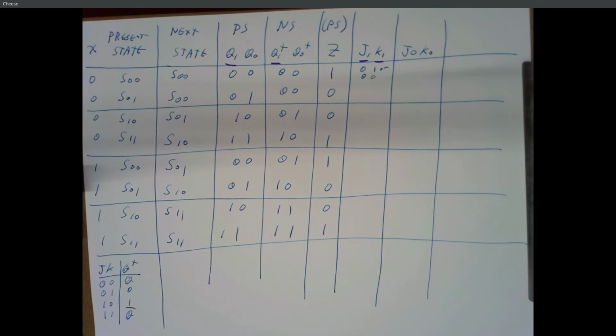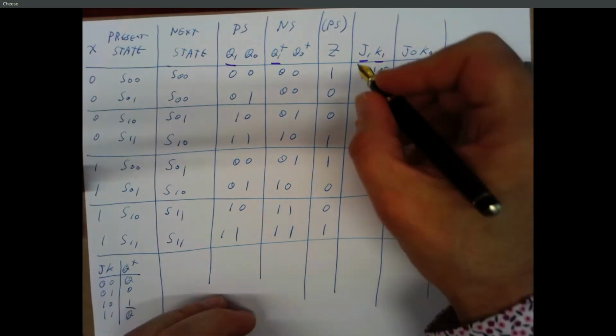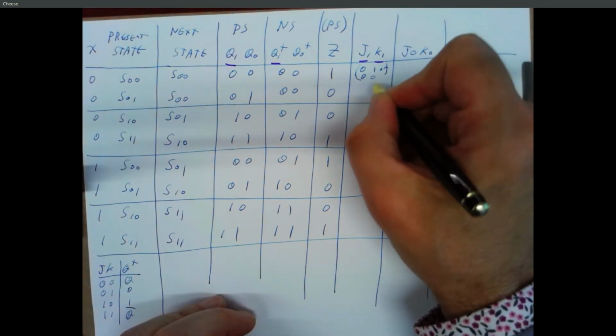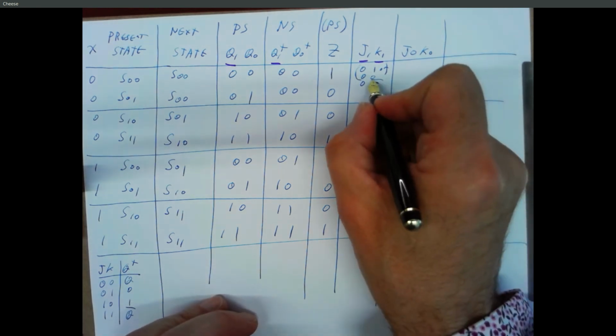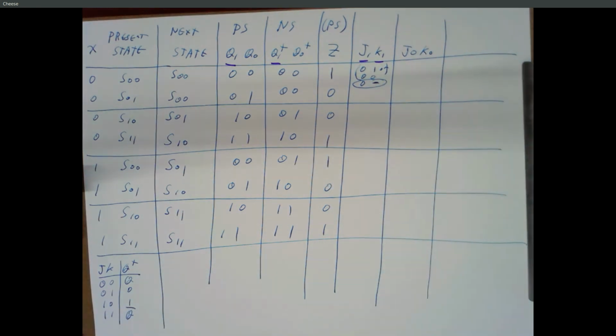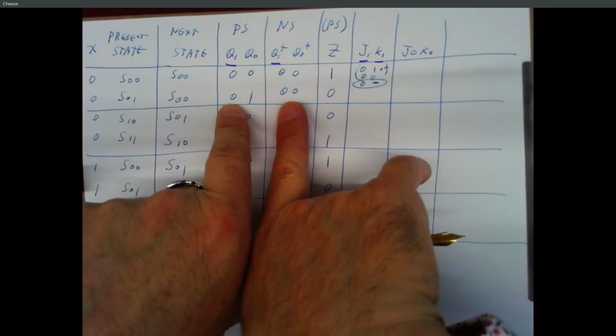Well, it's clear J1 has to be a 0, but K1 apparently doesn't matter. Whether it's a 0 or a 1, it's still going to end up with a 0 in the output. Does that mean you put don't care? So we put a don't care for K1. So this is actually going to be 0, don't care. All right, well, second row, Q is a 0.